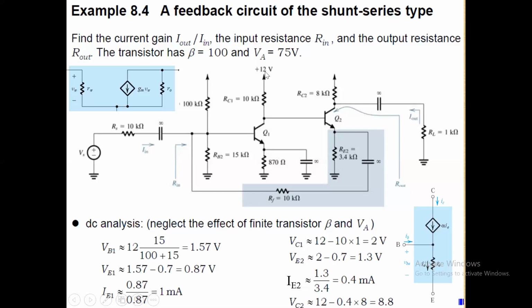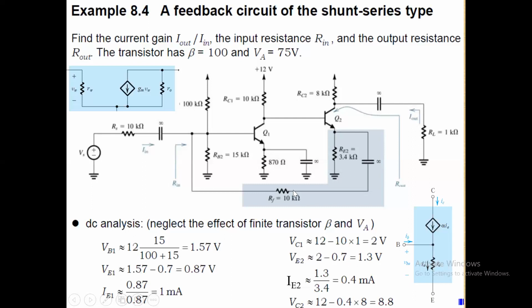So 12 minus 10 into the value of, when IE1 is equal to 1 milliampere, we can approximate IC also to be 1 milliampere, neglecting the base current over here. So we are just taking the 1 milliampere value itself as the collector current value, and thus we'll get 2 volts here.